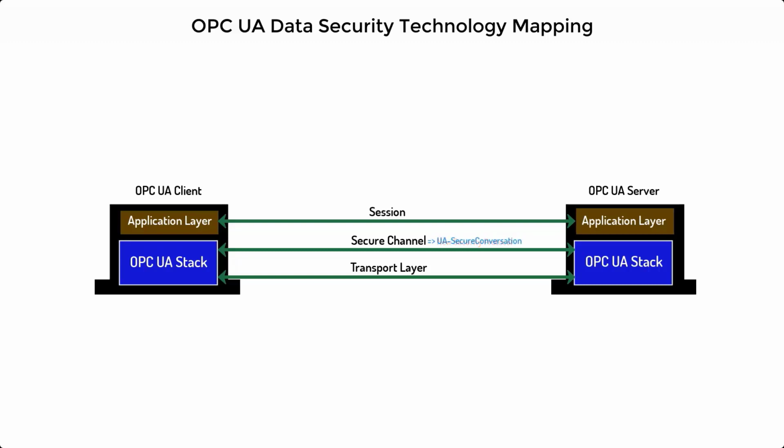Also, you get to worry less about the trustworthiness of a transportation infrastructure because security is embedded on the messages themselves. Now, talking about transportation, before the OPC UA client and server even get to the point of negotiating a secure communication channel, they need to agree on the data transportation mechanism that they'll use to exchange messages. And as you'll see later in this video, the OPC specification allows for different transportation technologies to be mapped to its transportation layer.